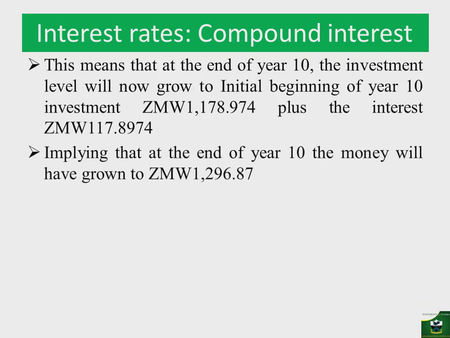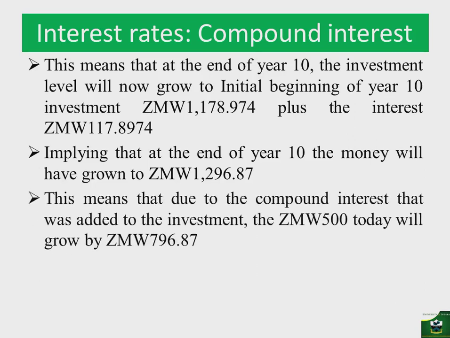And if you join these together, it implies that at the end of your year 10, the money will grow to 1,296 kwacha 0.87.